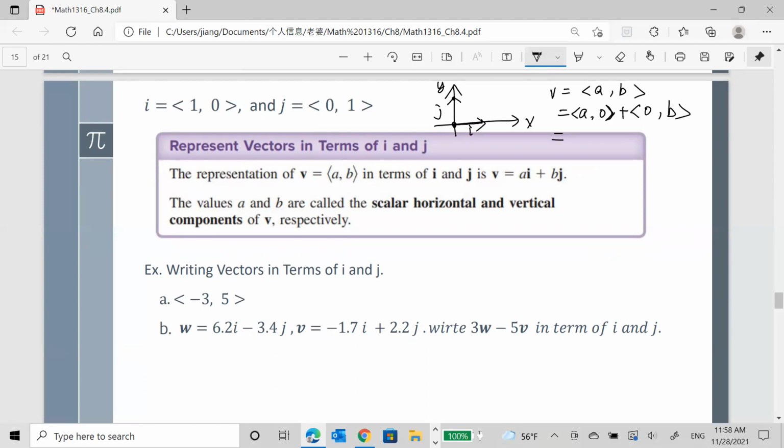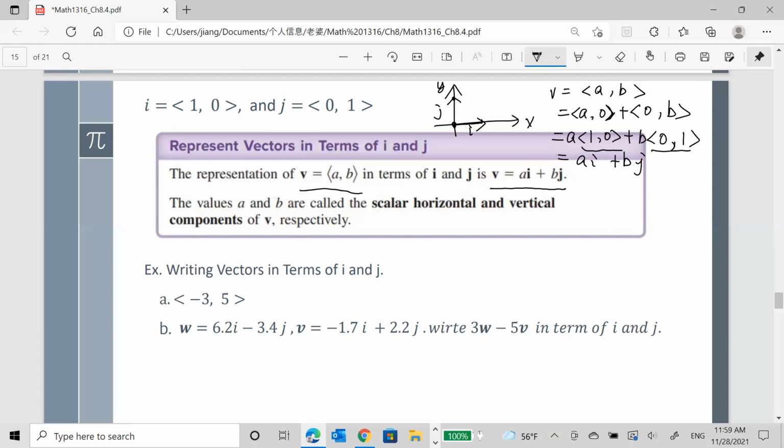And then can I pull out the a? a times 1, 0 plus b times 0, 1. So the first part is ai, and then this is j, plus bj. That means any vector a, b can be written like v equals ai plus bj. The values a and b are called scalar horizontal and vertical components of v, respectively.